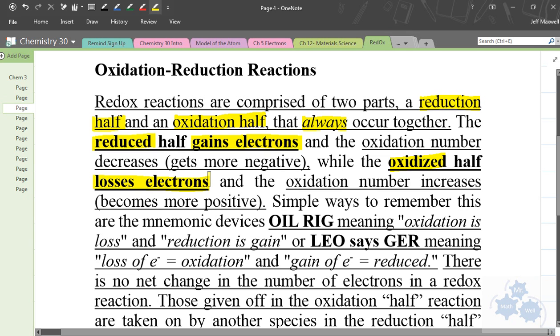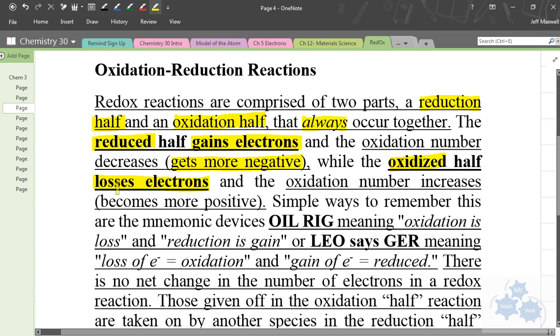So you can think about this: if a species is reduced by gaining electrons, you can also think of it that it gets more negative, or that it loses charge. So literally that number drops. If it's +3, it goes down to 0, or if it's 0, it goes down to -2, or something like that. That's one way you can remember that, because it does seem a bit backwards. There are also some memory mnemonics, which we'll get to in a minute.